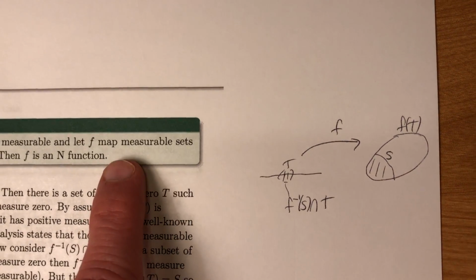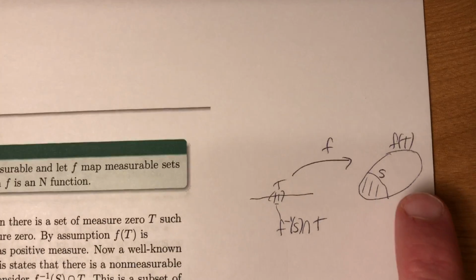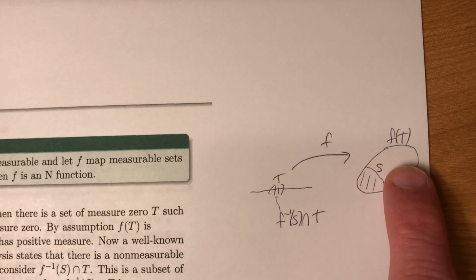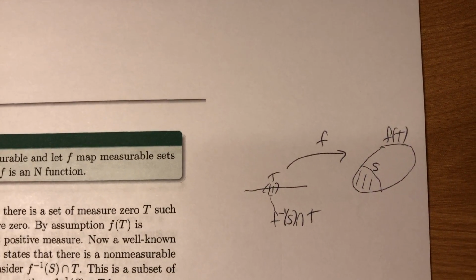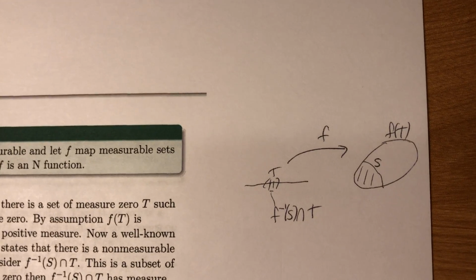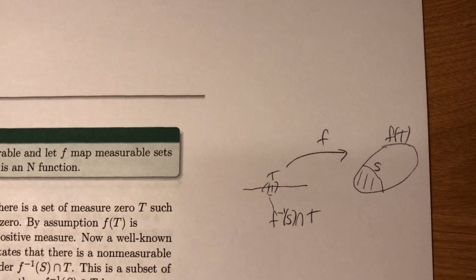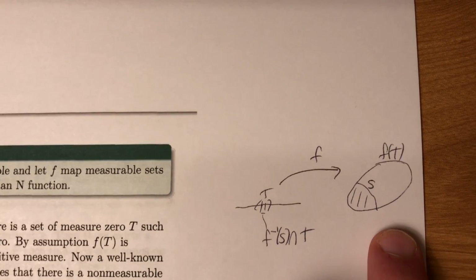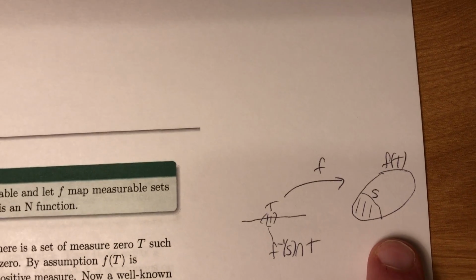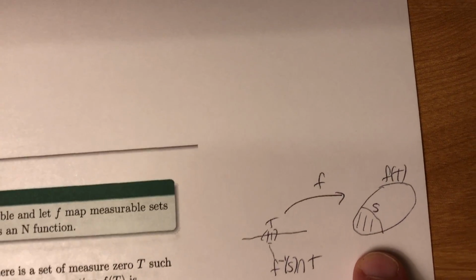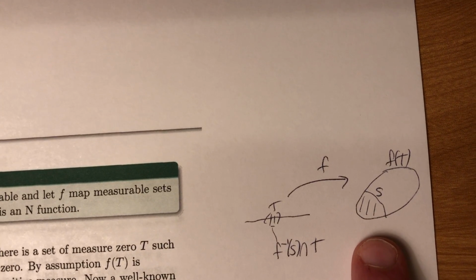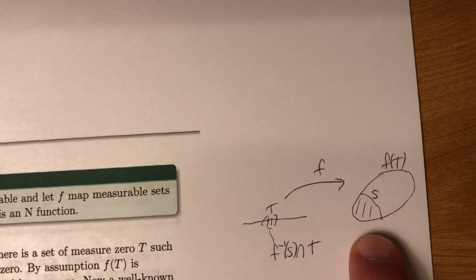Now, we're assuming that f maps measurable sets to measurable sets, so f(T) is a measurable set. There's a well-known theorem from real analysis that says if you have a set of positive measure, you can always find a non-measurable subset of that set. I denoted it here as S.